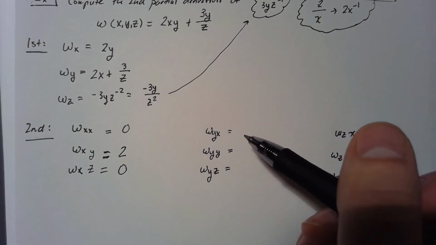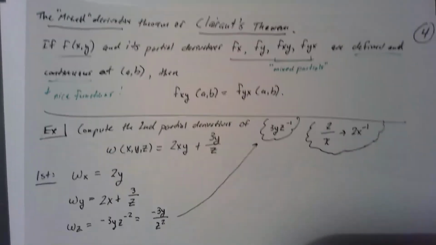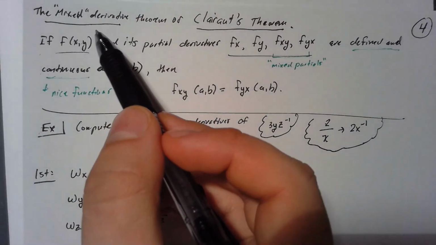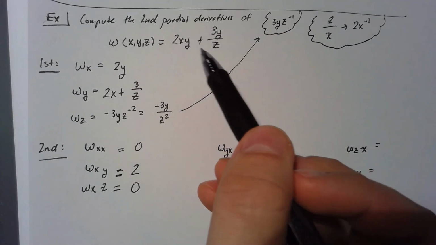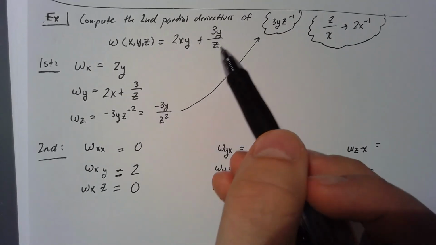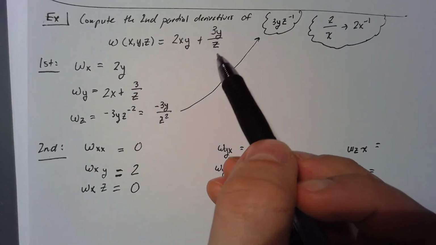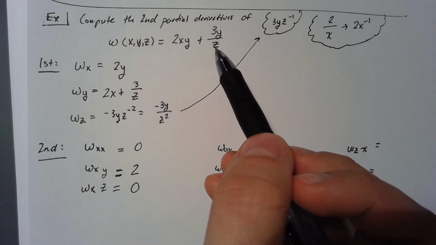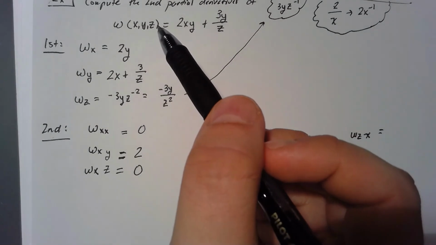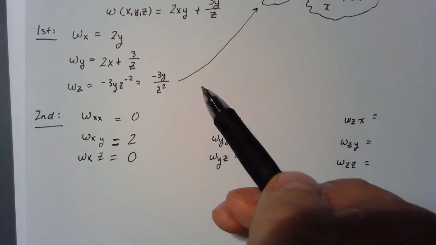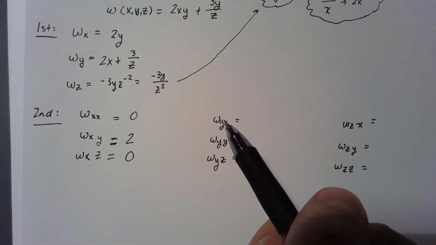Using Clairaut's theorem, or the mixed derivative theorem, this function is defined. The only place where it wouldn't be defined is when z is 0, right? But provided it's not 0, I could use the mixed derivative theorem and say that the mixed partials are going to be the same.